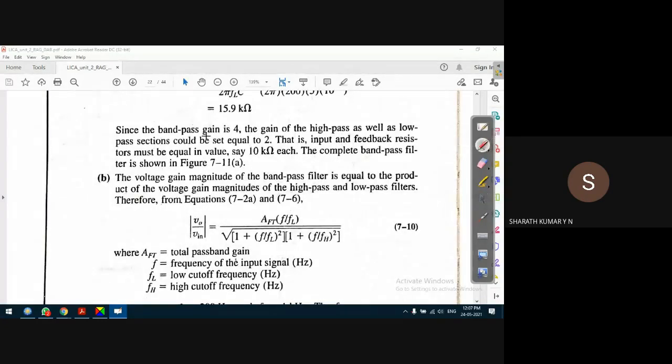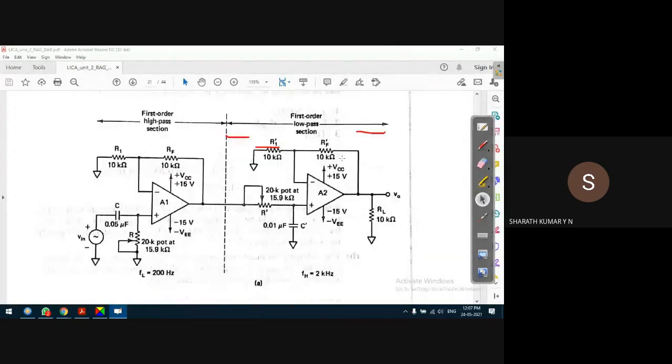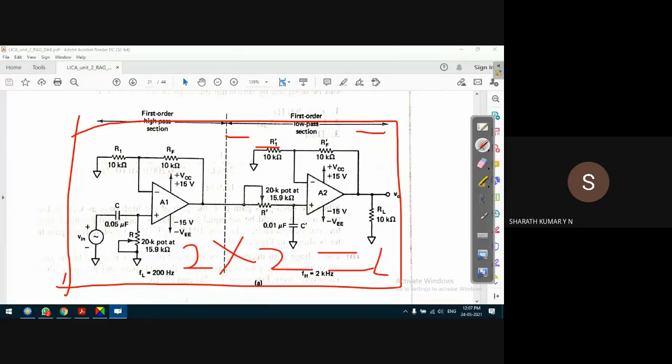The pass band gain is 4. The gain of the high pass section as well as the low pass section could be equal to 2, because the gain factors will be multiplied. The overall gain of the band pass filter is the multiplication of the gain of the high pass filter and the low pass filter, and it is equal to 4.